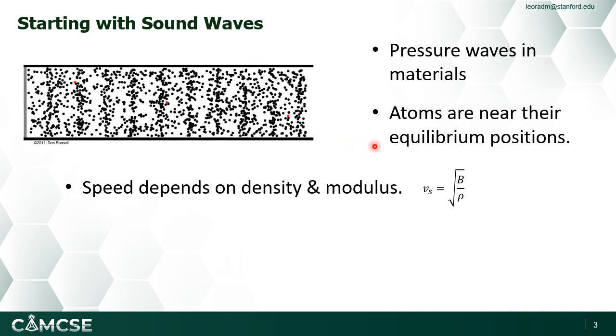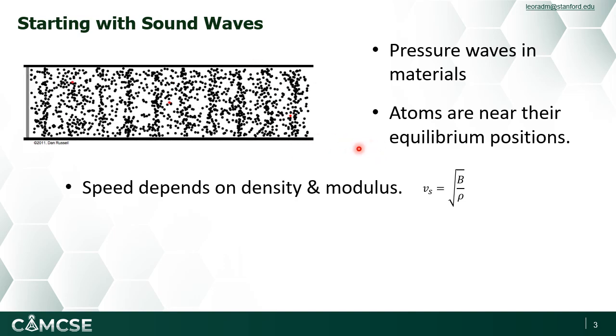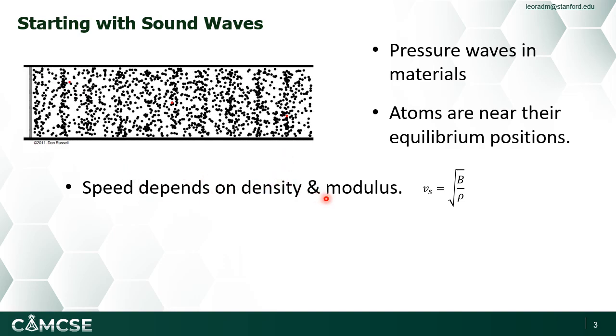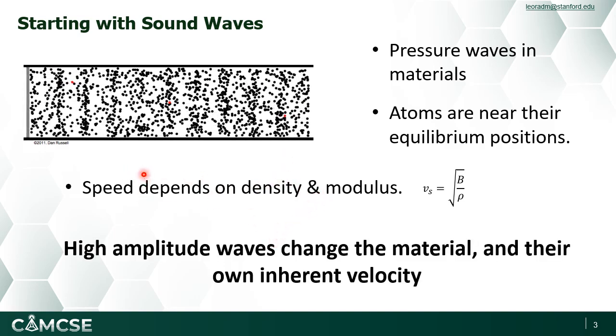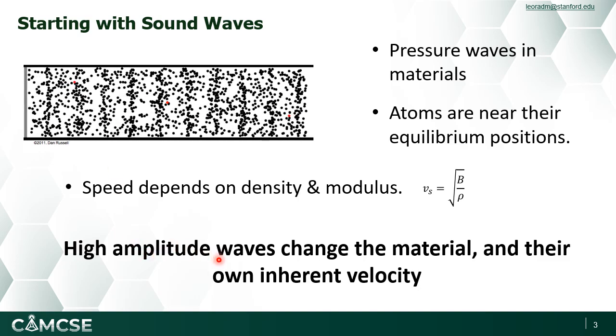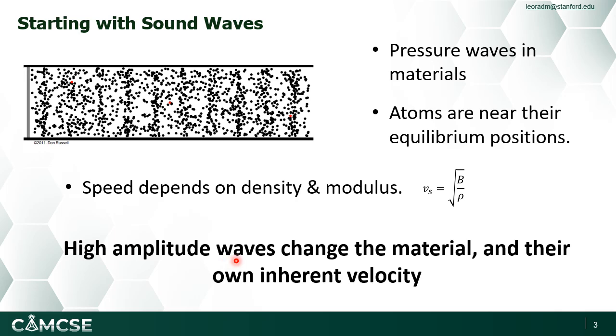So ultimately, what we find is that under high enough or loud enough conditions, we end up with high enough amplitude sound waves actually changing the material itself and its own inherent velocity.